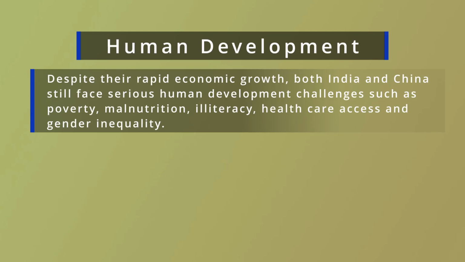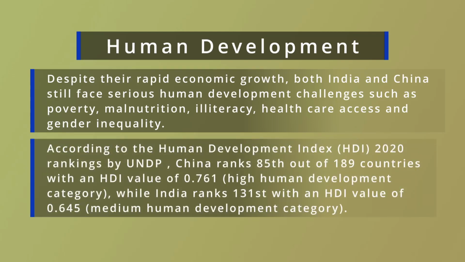According to the Human Development Index 2020, the rank of China is 85th out of 189 countries with its Human Development Index value 0.761, whereas India ranked 131st and its HDI value is 0.645.